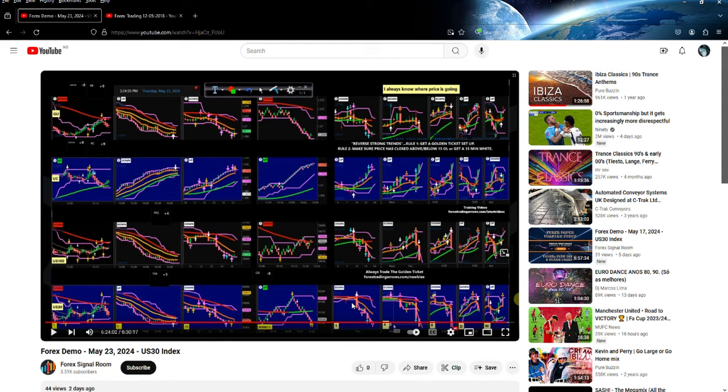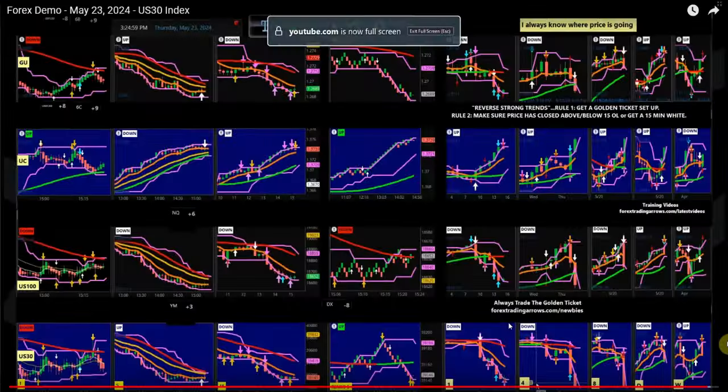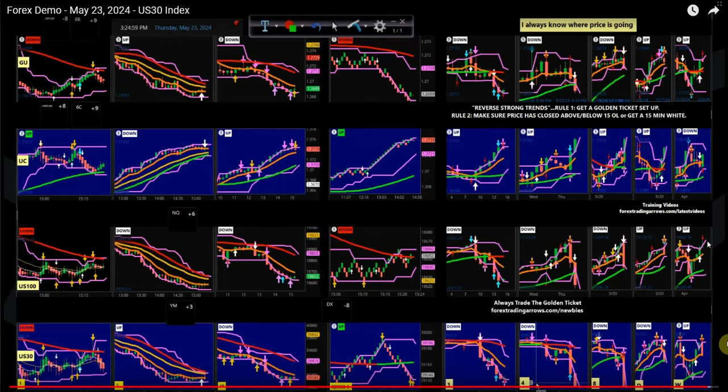But take the time to learn the LTs because, for me, once I understood what these were doing, and I'm talking to everyone here, you understand that they go to orange lines and BB bands. The LTs go to orange lines and BB bands. That's what they do.